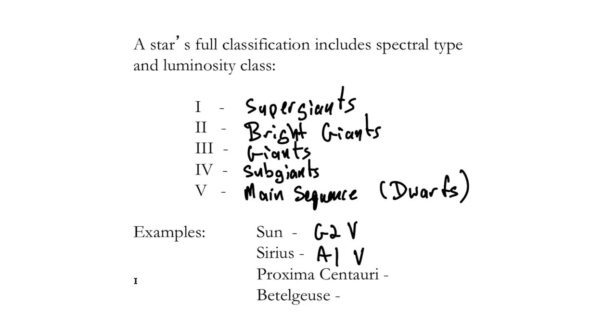It's a main sequence star, which is much hotter than the sun. Proxima Centauri, we saw it down there, is an M5.5. Sometimes the spectral classes will be subdivided into half subclasses. And it's a main sequence star, 5, also. And then Betelgeuse, we already said that was an M2 star, but it is an M2 supergiant.